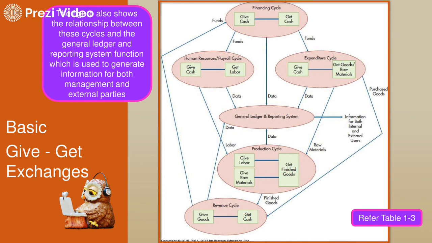For example, SNS maybe doesn't have activities related to production, because the company only sells appliances and consumer electronics. They do not produce the goods, so they do not have the production cycle module.